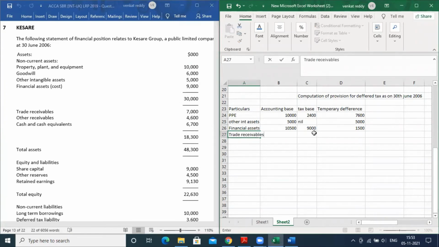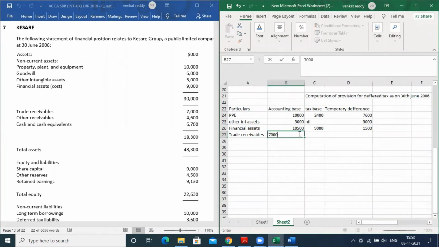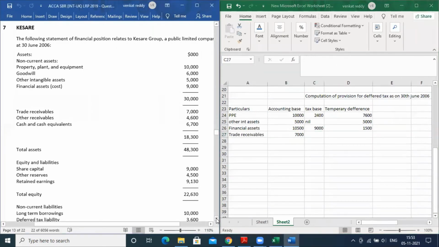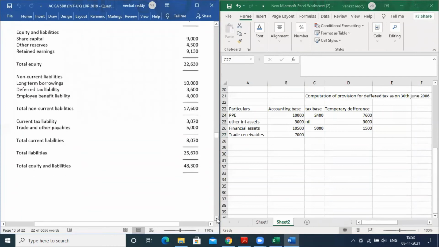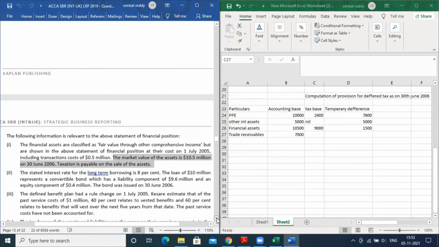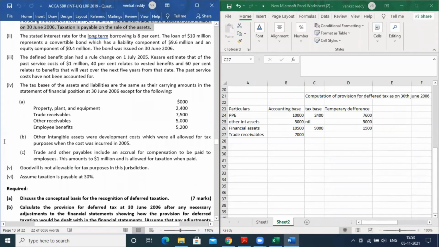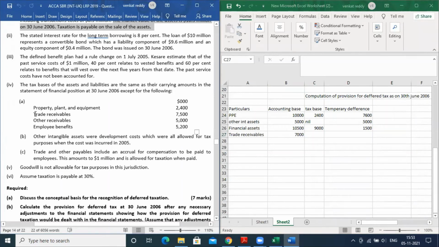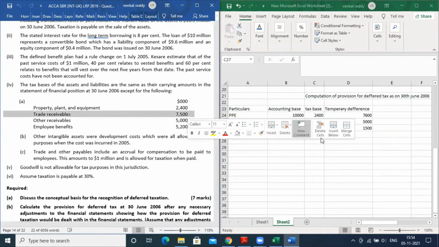The trade receivables as per accounting base, they gave it as 7,000. Trade receivables as per accounting base is 7,000, and we'll see as per tax base. As per tax base, trade receivables are 7,500.